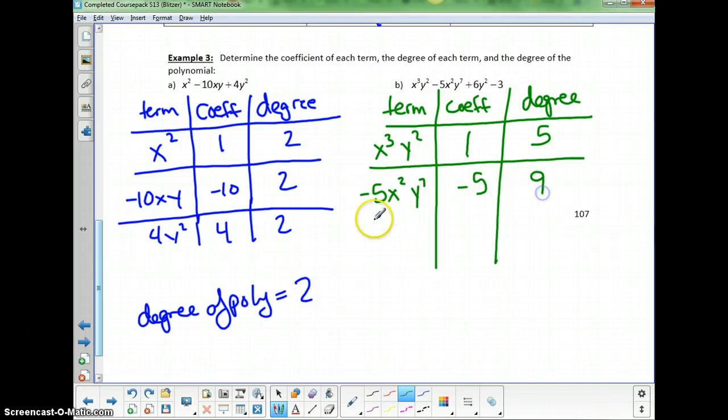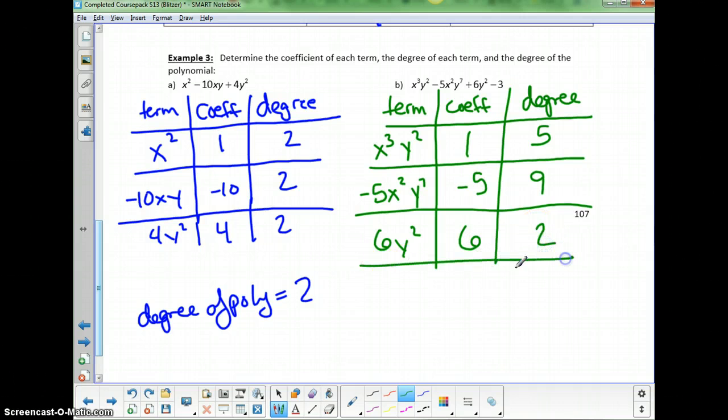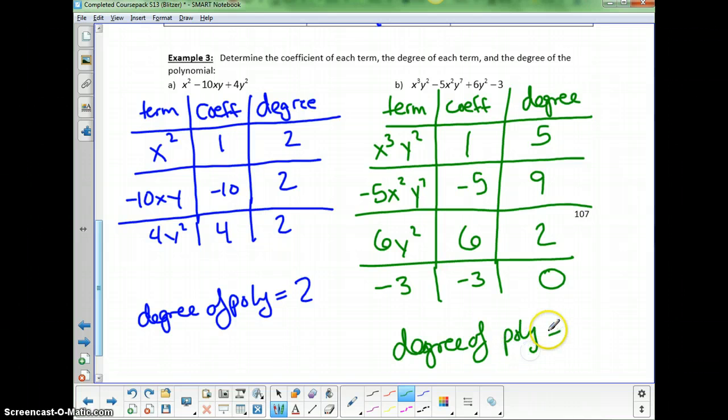The degree is 9, the sum of the degrees of x and y. In the next term, 6y squared, the coefficient is 6. The degree is 2. And in the last one, negative 3, the coefficient is negative 3. It's just a constant, so the degree is 0. So in this case, the degree of the polynomial is 9. That would be the highest degree of any of these terms.